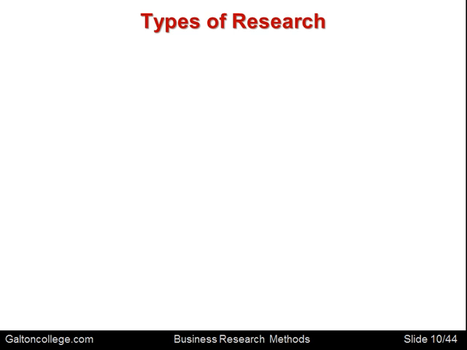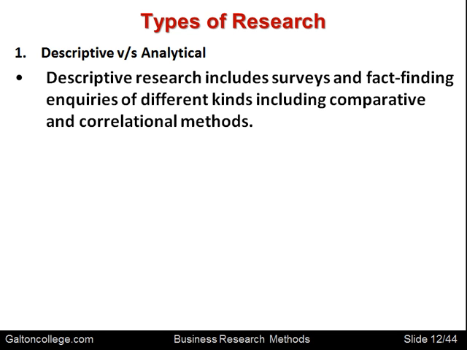Now the types of research, well, we'll start with descriptive versus analytical. Descriptive research includes surveys and fact-finding inquiries of different kinds, including comparative and correlational methods.